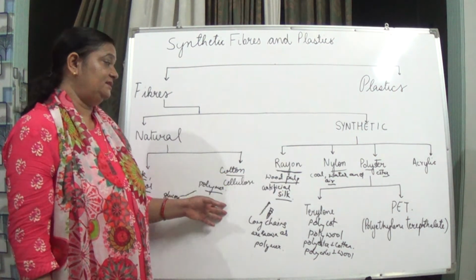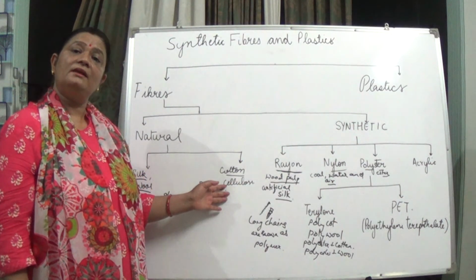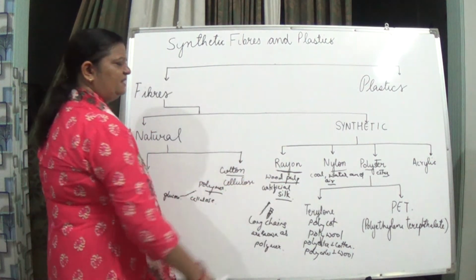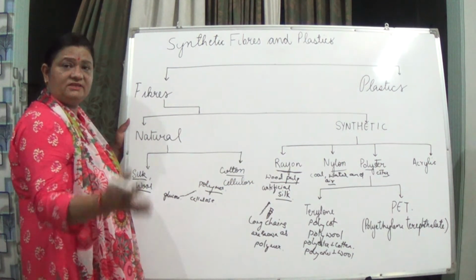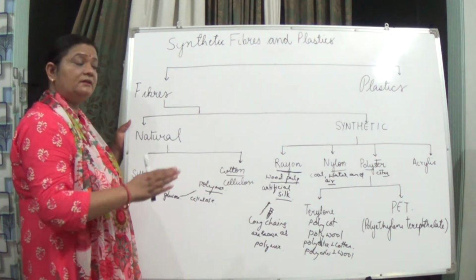And naturally, what will happen? They will dry up faster than the natural fibers. So they are light, they can be dried faster, they don't absorb water. They are durable, they are cheap, they have a lustrous quality. Everything. These are the positive points.